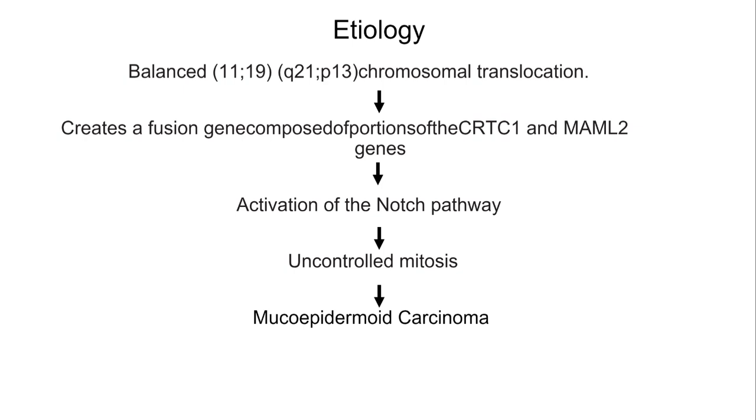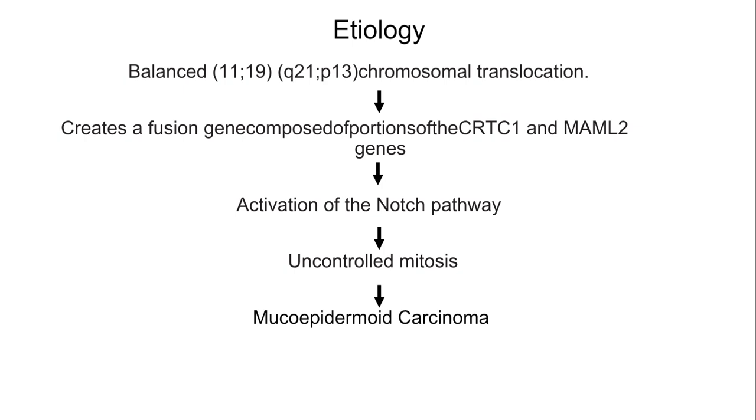It is important to note the significant translocation between chromosomes 11 and 19, specifically at loci q21 and p13. This translocation is particularly noteworthy as it results in the formation of a fusion gene. Next is the fusion gene composition. The fusion gene is composed of segments from the CRTC1 and MAML2 genes.